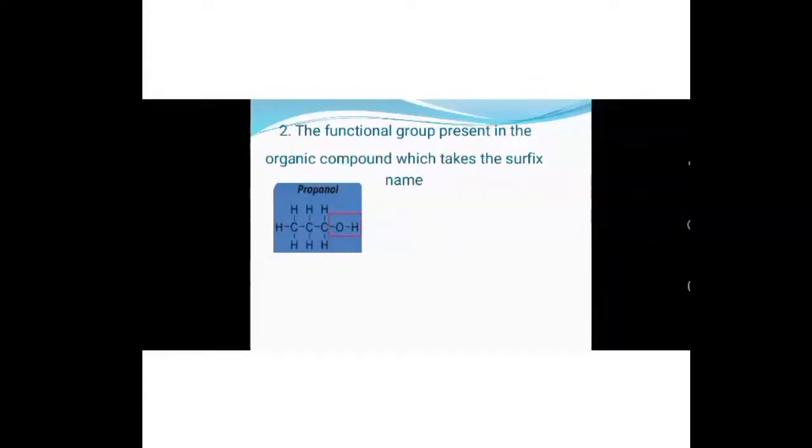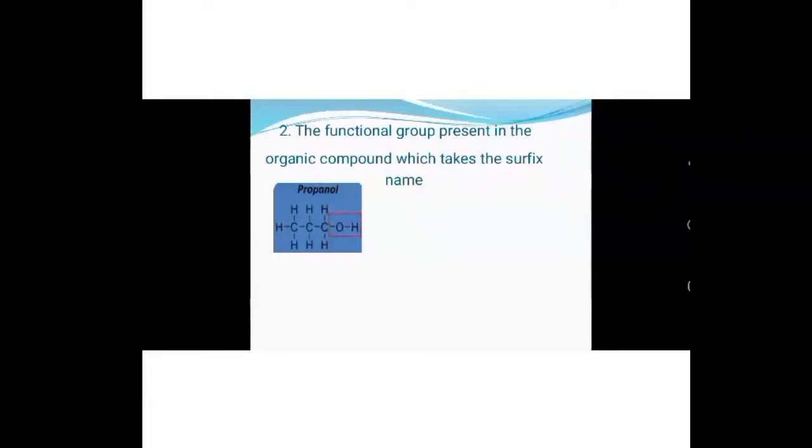We have a structure of a propanol. A propanol is an alkanol. It's from the alkanol family. You can see that the OH in the propanol is shaded or circled. That is to tell you that the OH is the functional group. So in this compound, we have to first of all identify the functional group. After identifying the longest carbon chain, the second assignment we have is to indicate the functional group.